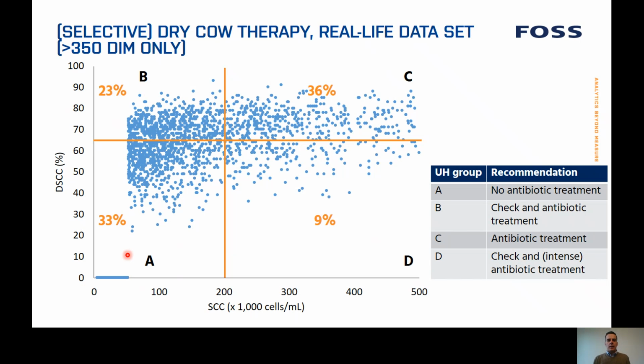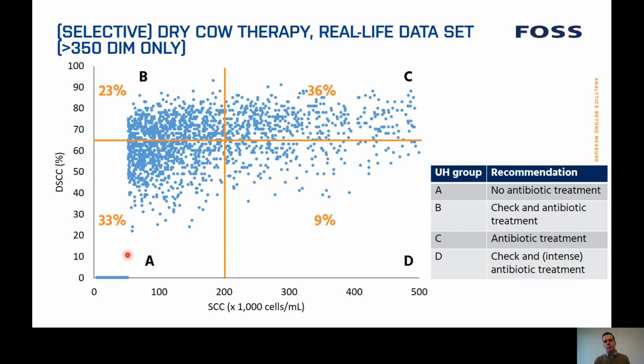Our thinking is that because of this low prevalence of pathogens in udder health group A, there's no real need to treat these cows with antibiotics, and antibiotic treatment as such could be saved here. In terms of cows in group B, we would recommend that some sort of a check is done, for example, a California mastitis test, and then antibiotic treatment might be considered.